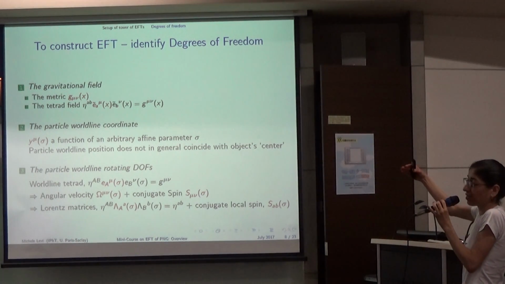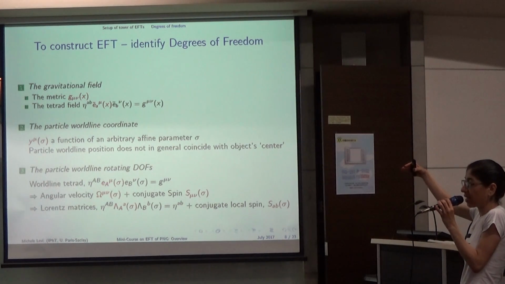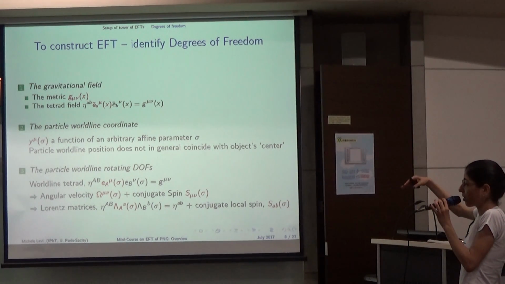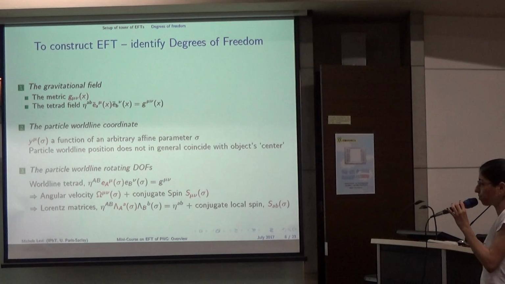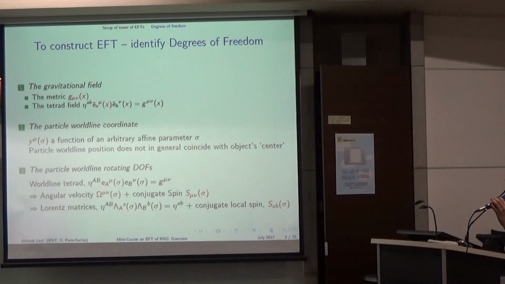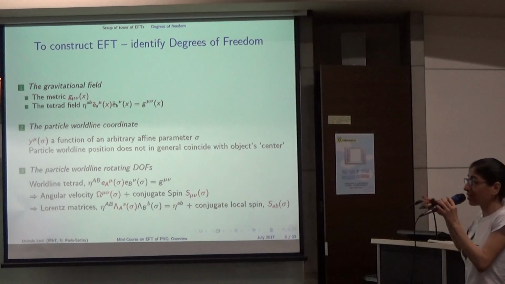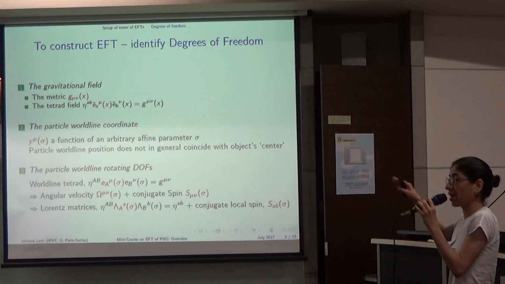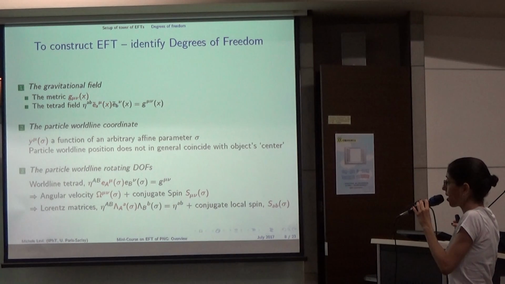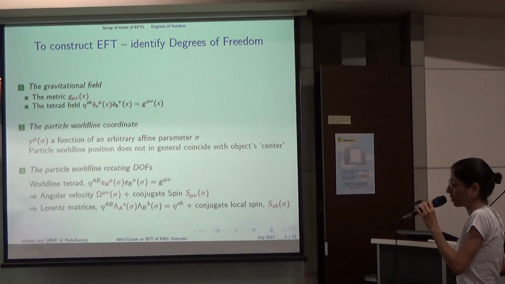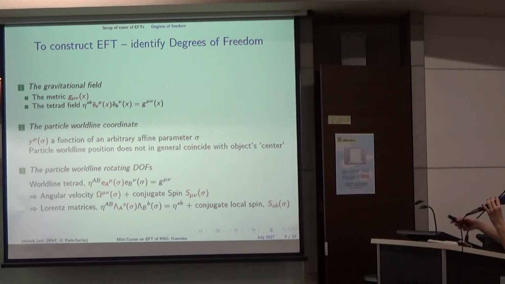Then again, in order to disentangle between particle degrees of freedom and gravitational degrees of freedom, we should switch again to local Lorentz matrices, which will represent the rotation around the locally flat frame.